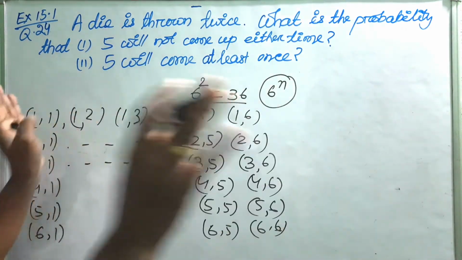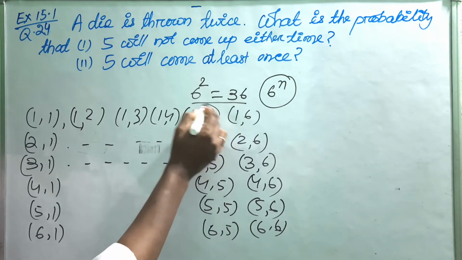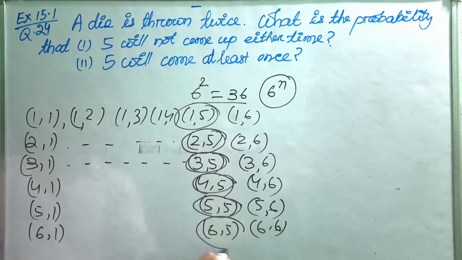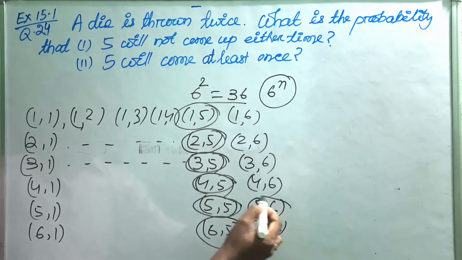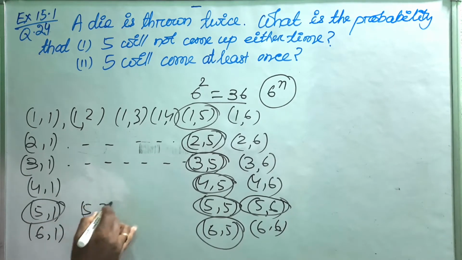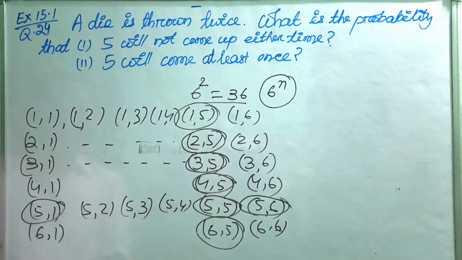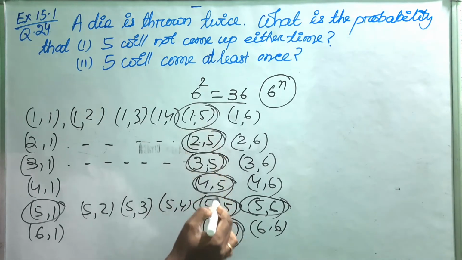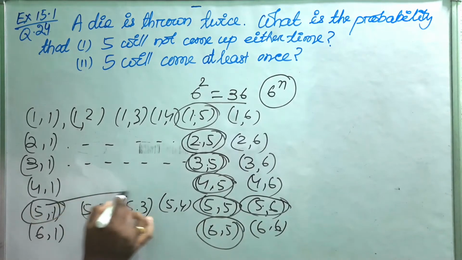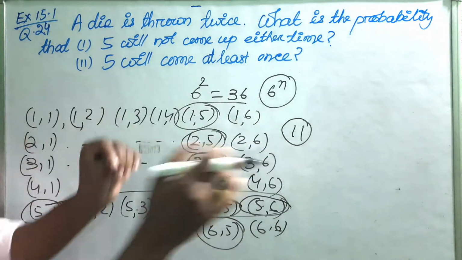So if you look here: 1 5, 2 5, 3 5, 4 5, 5 5, 6 5. Then 5 6 is here, then 5 1, then 5 2, 5 3, 5 4. So 1, 2, 3, 4, 5, 6, 7, 8, 9, 10, 11. There are a total of 11 cases in which 5 appears.